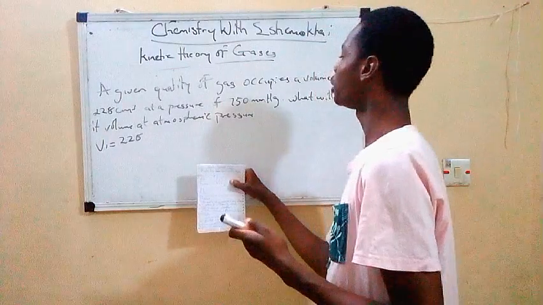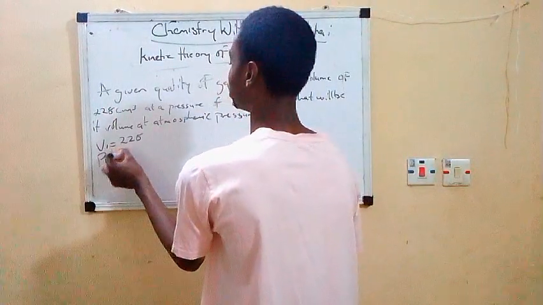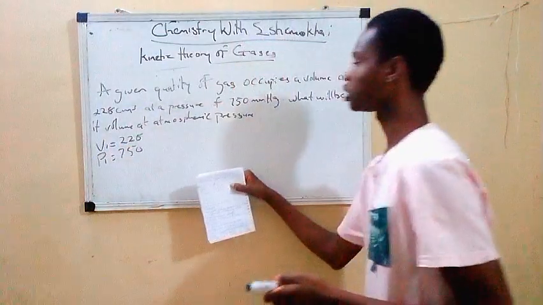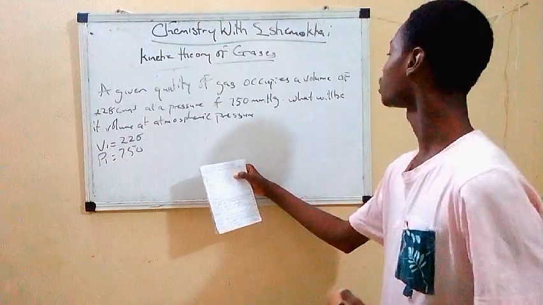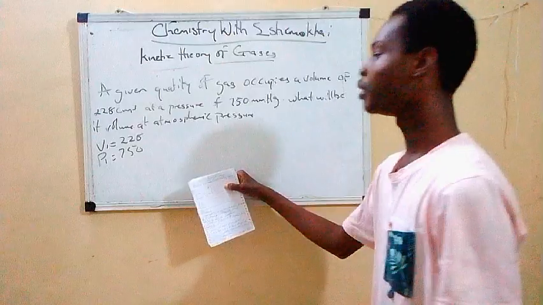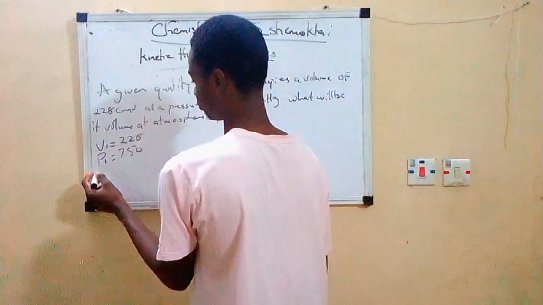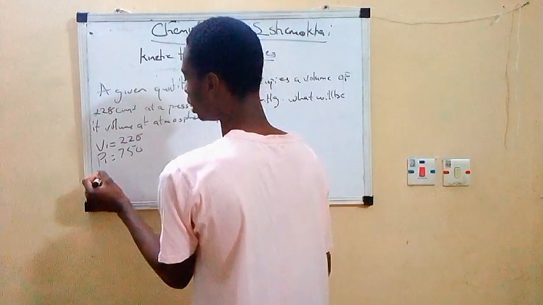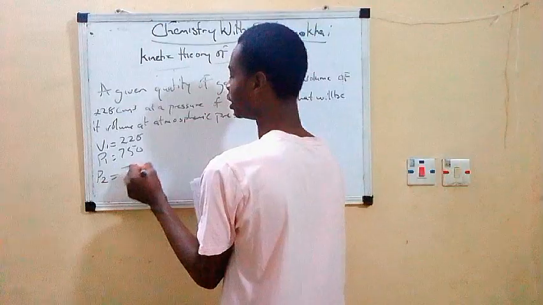Now at a pressure of 750, so P1 is 750. What will be its volume at atmospheric pressure? So remember, atmospheric pressure is 760. So let's put our P2. Atmospheric pressure is 760.